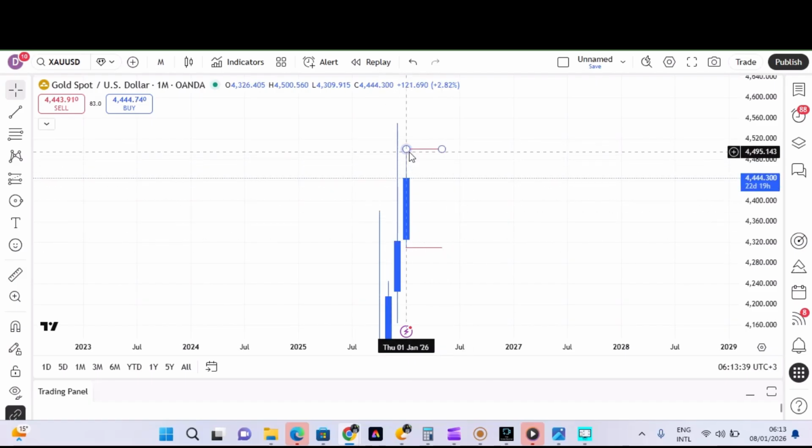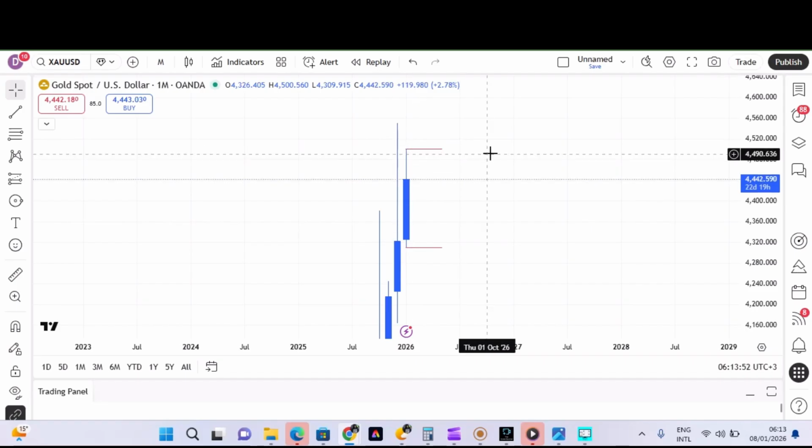We can say that the market has a pullback or a retracement after a long run to nearly the pressure level of 4,500. That means the 4,500 price level rejected the price.